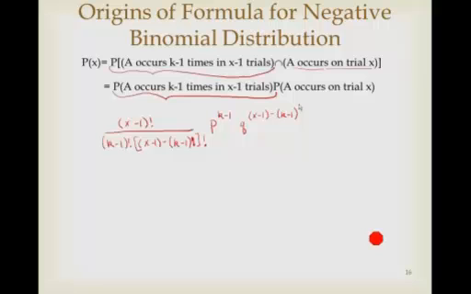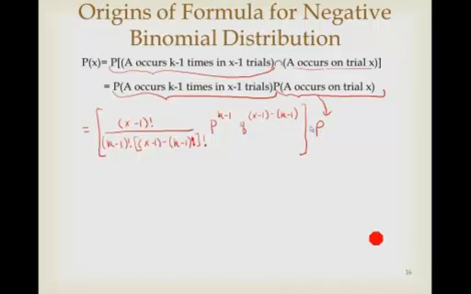Take all of that, put it in a big bracket. So that is this whole thing. And lastly, we've got this part right here, and the probability that this occurs on any given trial is just p.